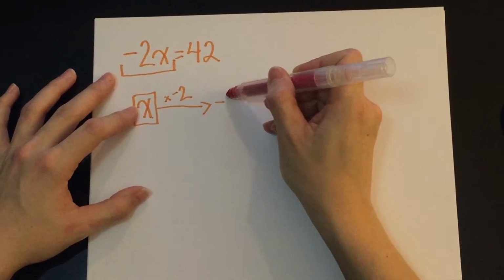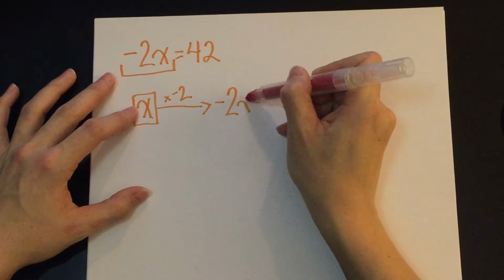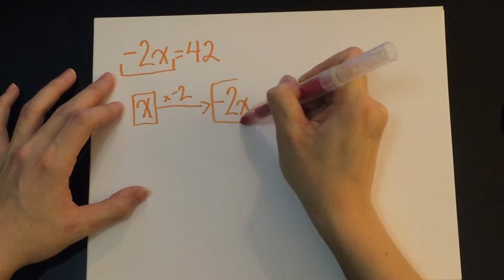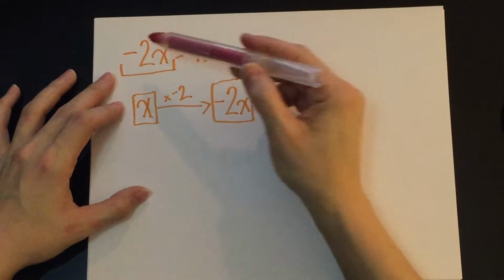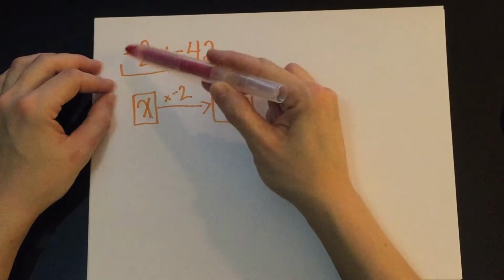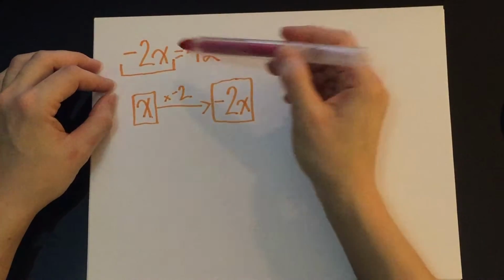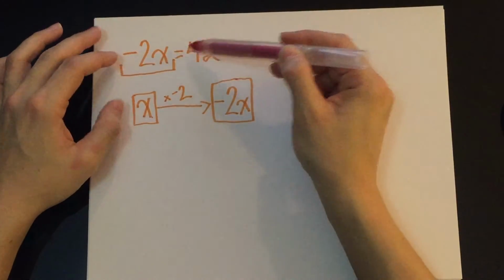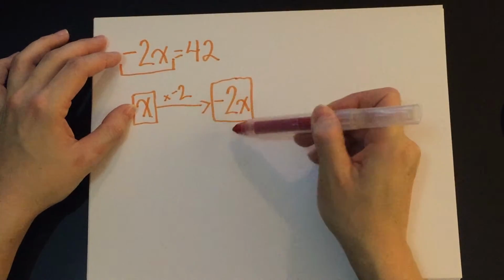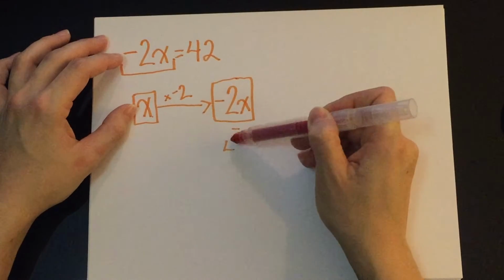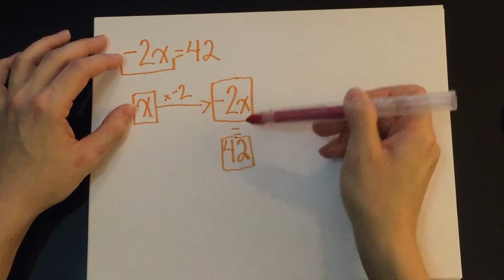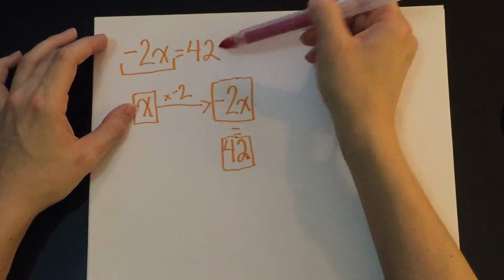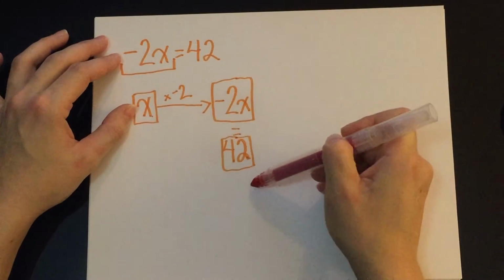So we put that in our next box. Now we have finished building this left side of the equation, so we can say that negative 2x equals 42. The whole equation is represented right here.